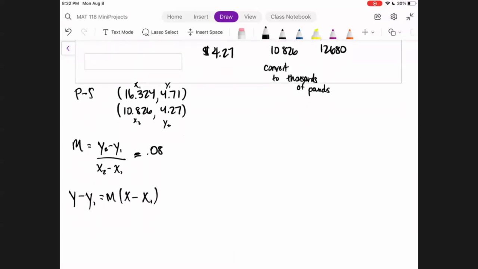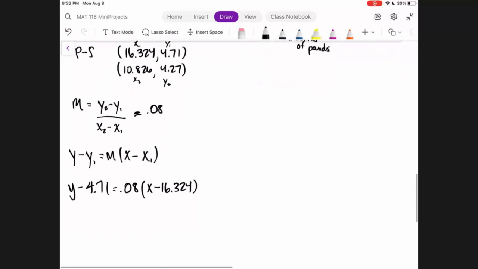So y minus 4.71 equals 0.08 times x minus 16.324. So then we're going to distribute the 0.08. And this is 1.306.